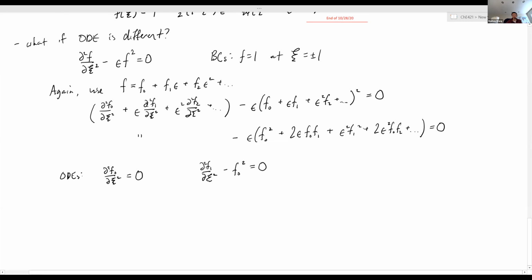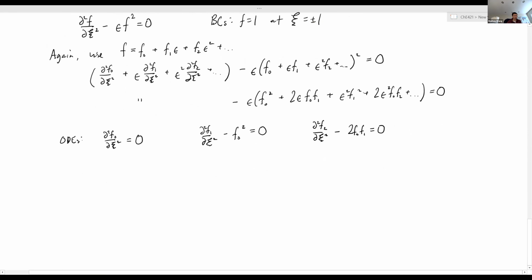Right? Because this is an epsilon to the first term. This is an epsilon to the first term, right? We would also have an epsilon squared term. Okay. Notice how this looks a little different now than before, right?